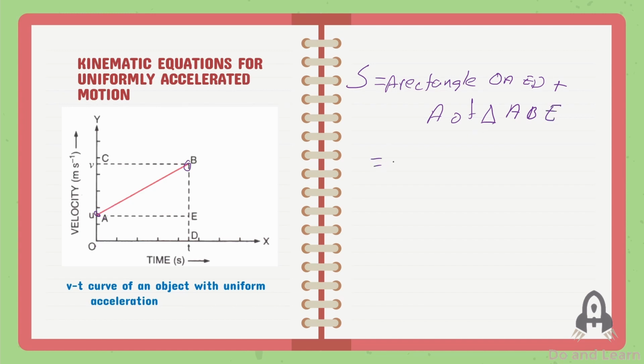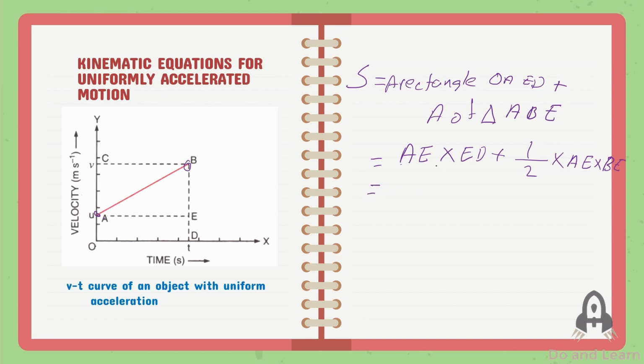So let us calculate. The formula for the area of a rectangle is length into breadth. Length is AE, multiplied by the height, ED, plus the area of the triangle, half into base into height. Base is AE, height is BE.